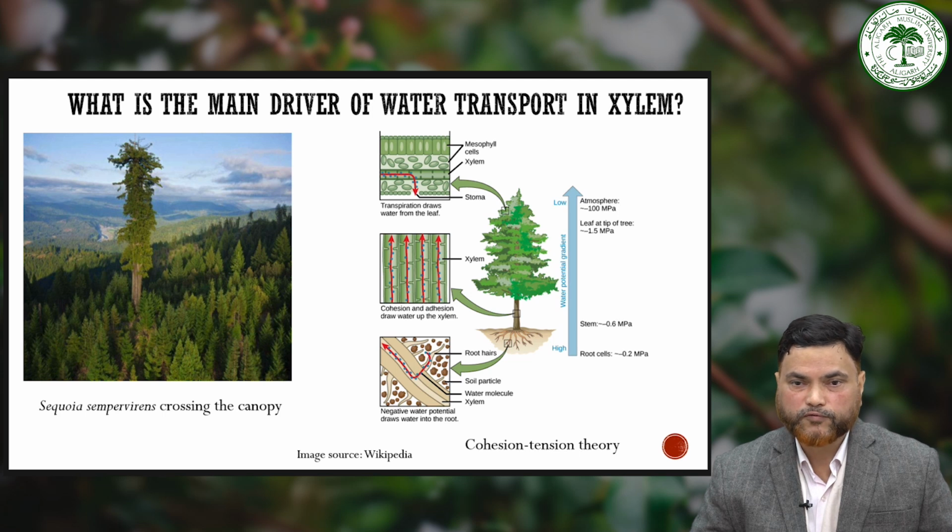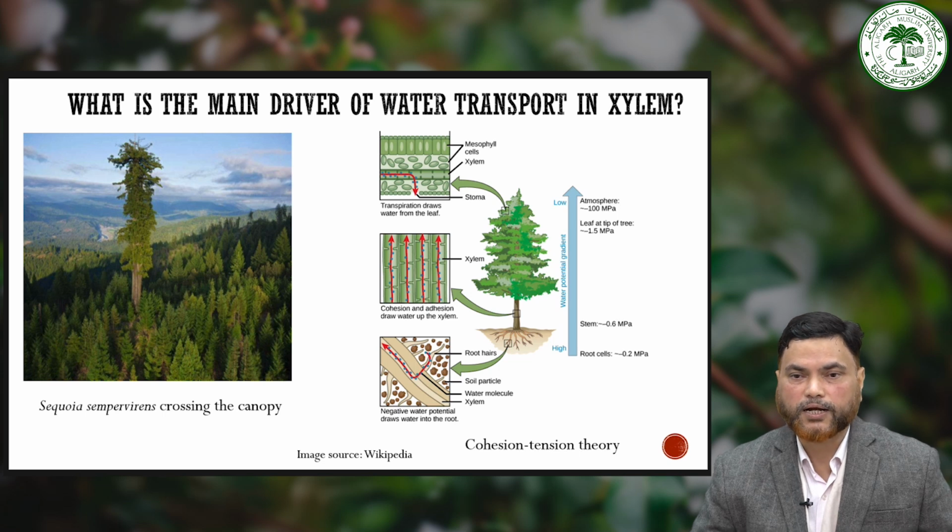So, to lift water in big trees, tension develops in the leaves, whereas in the root pressure theory we discussed that the force needed for transport of water was developed in the roots. This is the major difference between these two theories. So, we can say that transpiration is the main driver of xylem water flow for long distance transport of water.